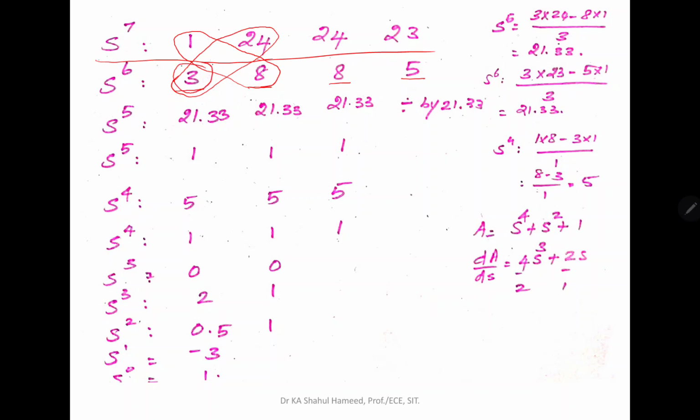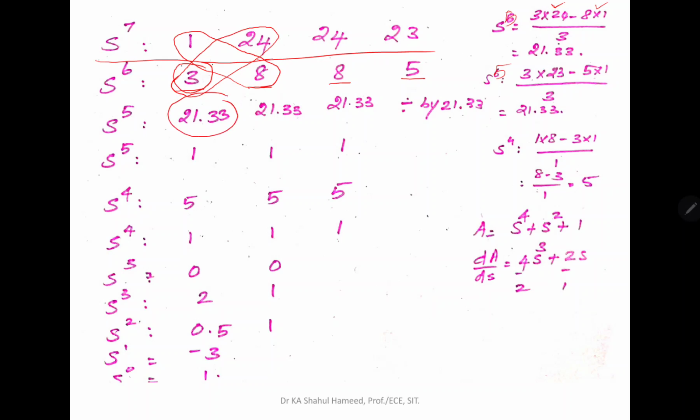So this we have written here, s power 5. So 3 into 24 minus 8 into 3 divided by 3. So when you are doing the same for the entire row, we'll get the first one as 21.3.